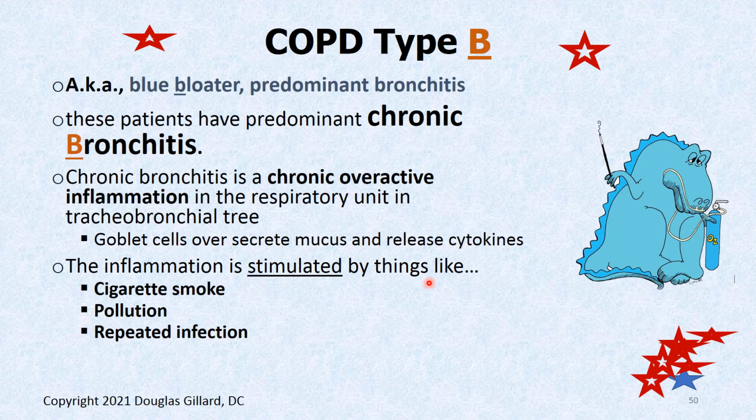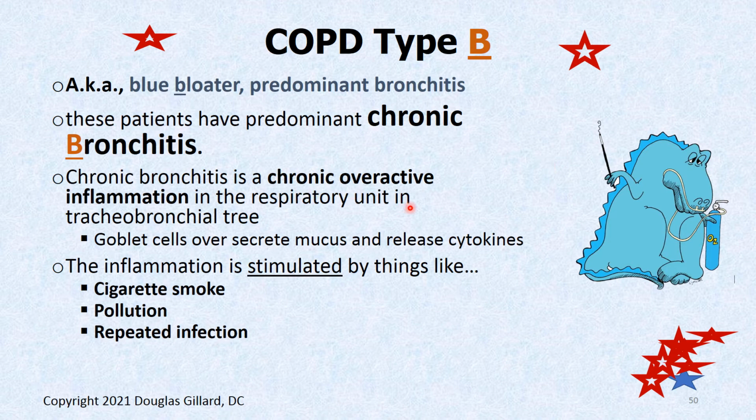All right, now type B, these are the blue bloaters. So again, traditionally, the B goes with bronchitis, chronic bronchitis. What is chronic bronchitis? It is a chronic overactive inflammation that targets the respiratory unit and the tracheobronchial tree.